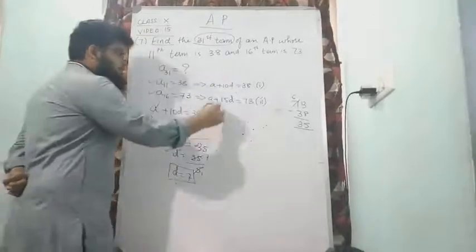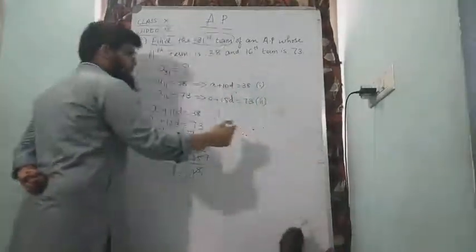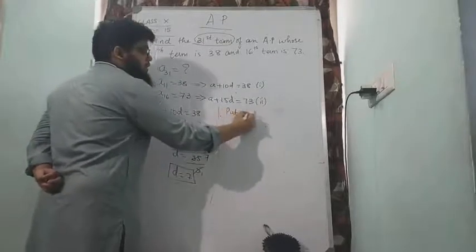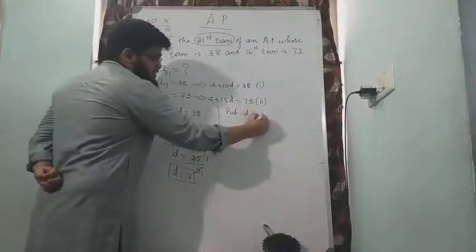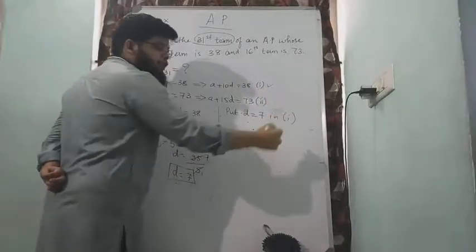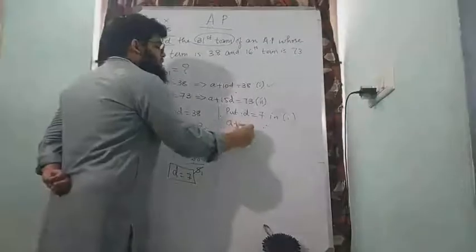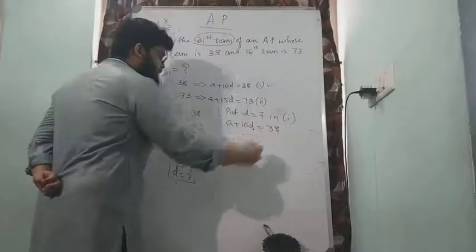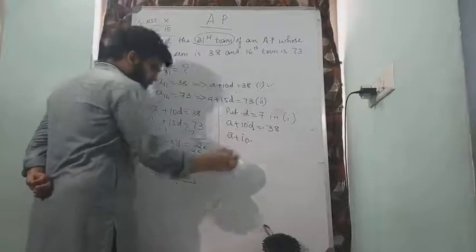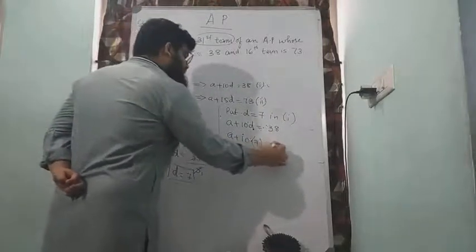Right? So the next step will be to put D equal to 7 in any one equation of your choice. Let me use the first one. If you want, you can also try with the second one. My first equation is A plus 10D is equal to 38. A plus 10, the value of D I will write as 7, is equal to 38.